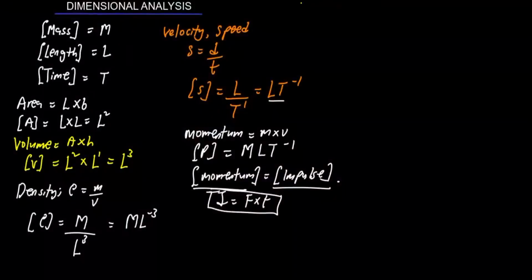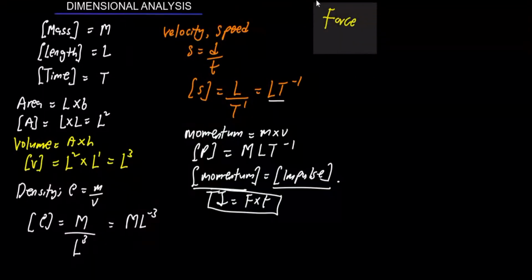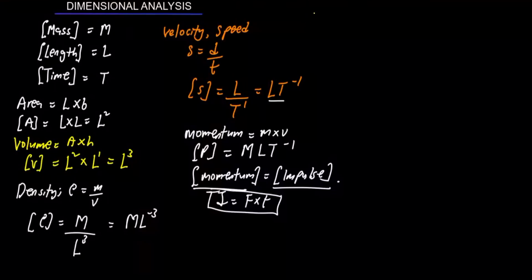So let's go. Let's look at force. Or before force, let us look at acceleration. Now, acceleration, A. The formula is velocity over time. And if I should look at this, what will be the dimension? The dimension of this acceleration will be equal to what? Check it out. V is velocity, and this is the dimension here, and that is LT minus 1.